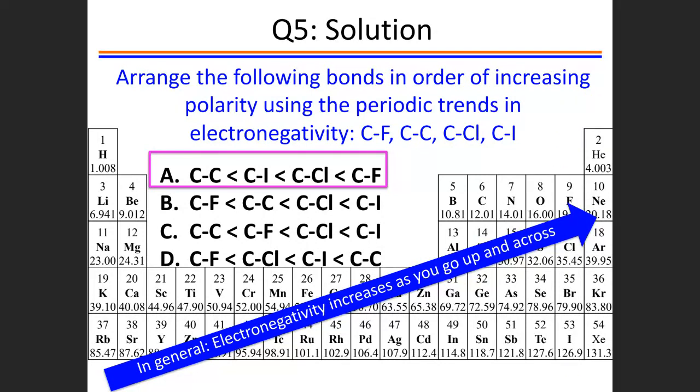See, the fluorine-carbon bond has the most, then chlorine, then bromine, then iodine in increasing electronegativity. They skipped bromine here, but after bromine is still iodine, so that's okay. Fluorine, chlorine, bromine, iodine, and then carbon-carbon. You have to be clear about that: from the column left to right, and from the row bottom to top, it increases, and top to bottom it decreases.